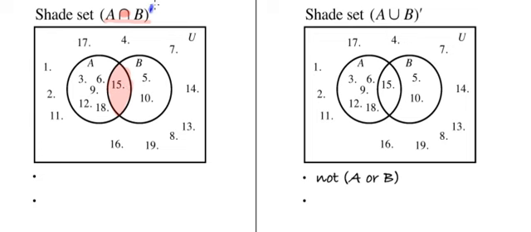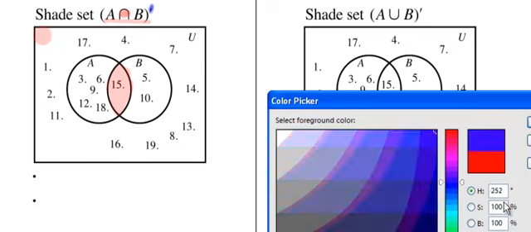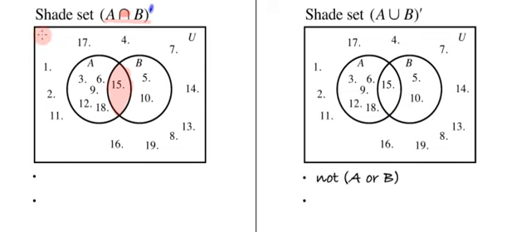The prime says, not that, not them, everyone but. So now you come back and you go, okay, I'll change colors again. Get my blue back. Now you come back to the diagram and you say, okay, everyone here, good news, you all qualify, you all get to be colored blue.